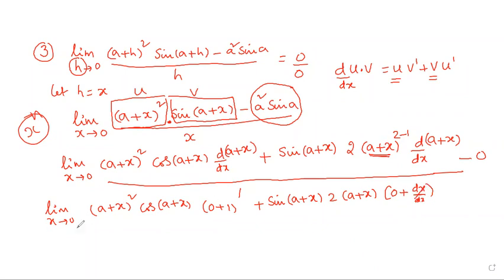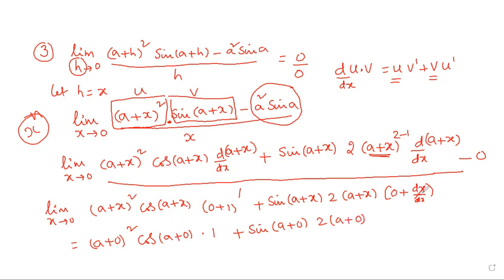Right. Now substitute the limit x as 0. A plus 0 whole square cos of a plus 0. Okay, na? 0 plus 1 is 1, plus sine of a plus 0, times 2 into a plus 0. The limit is x approaches 0.